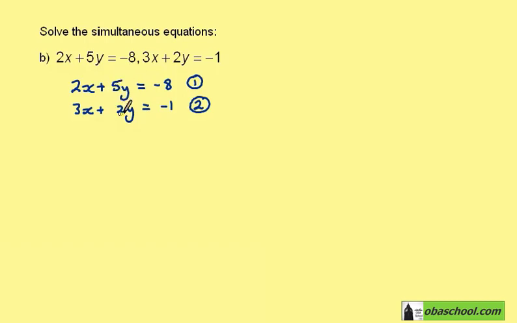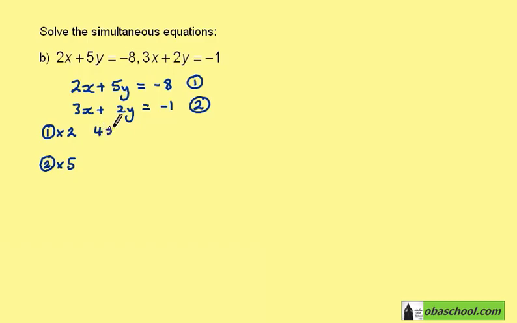But if we want to get these the same, we could multiply equation 1 by 2, choosing the 2 because we have 2 y's in equation 2. We'll also do equation 2 times 5, choosing this because we have 5 y's in equation 1.